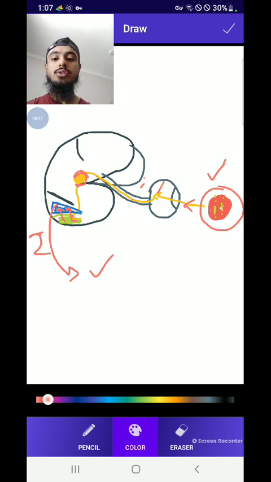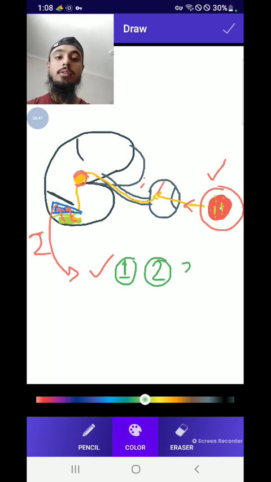I just tell you the functions of the visual association cortex. First, the color of the object. Second, the size of the object. Third, the shape of the object. Fourth, the movement of the object, whether it moves.